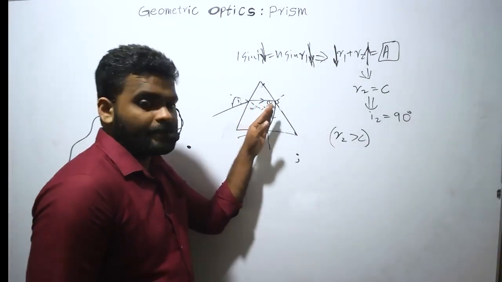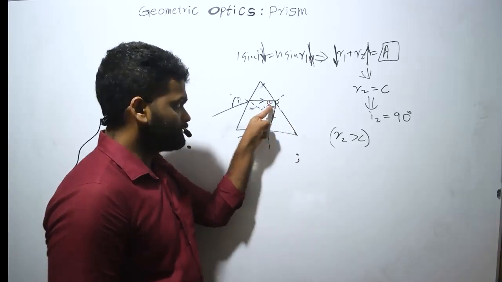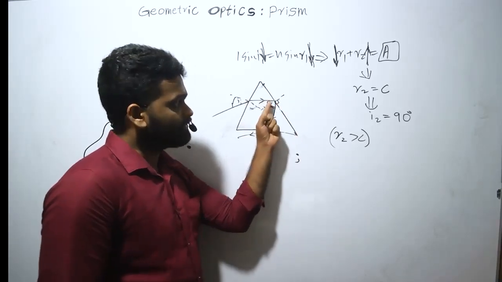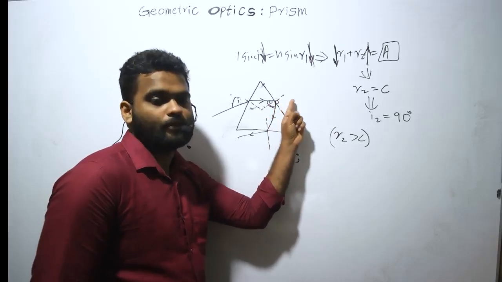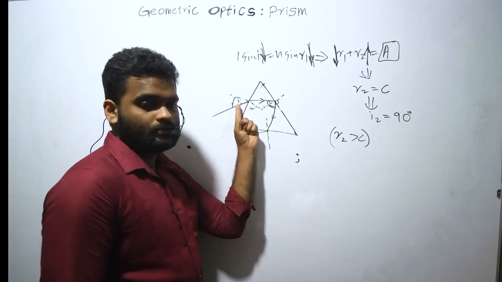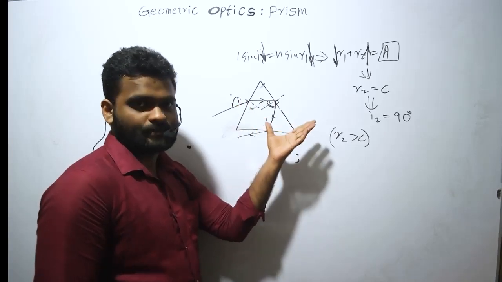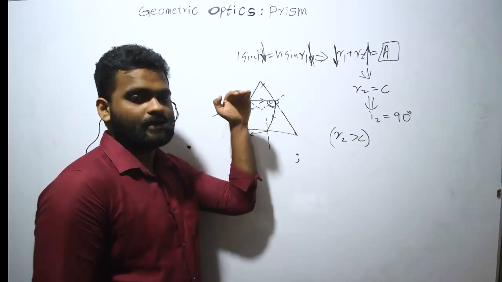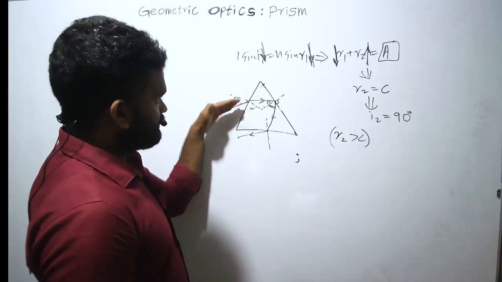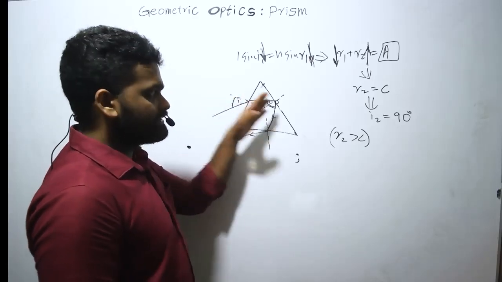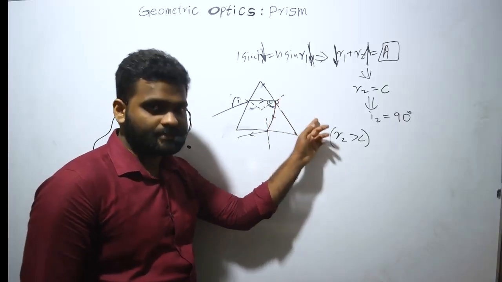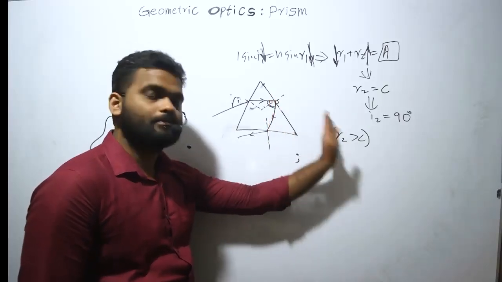So you know that when R2 exceeds the critical angle, this ray will not emerge from this surface. So there is a certain I1 value at which this happens, a minimum I1 value. If you further decrease I1, then there will be no emergence from this prism.